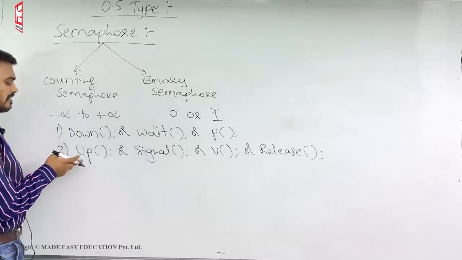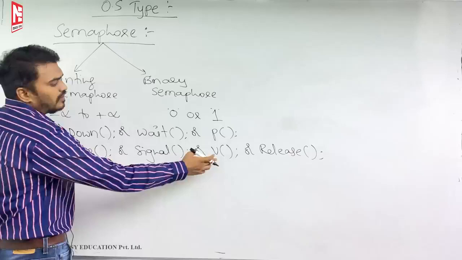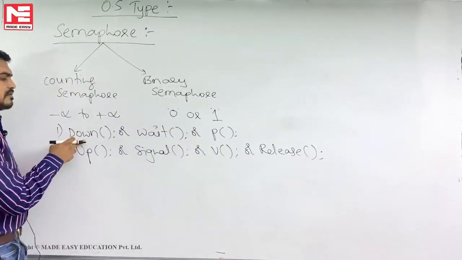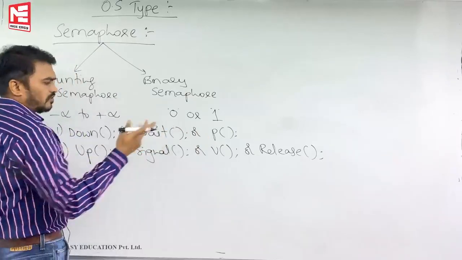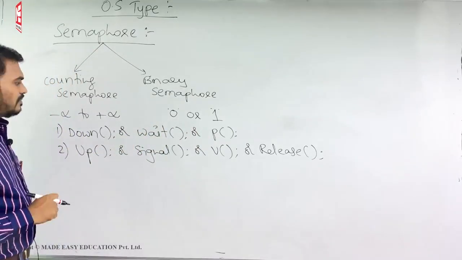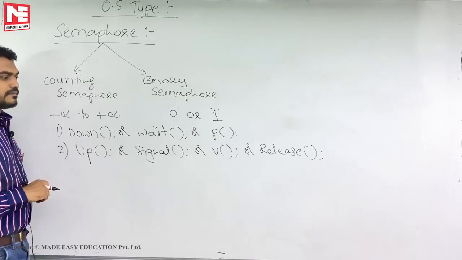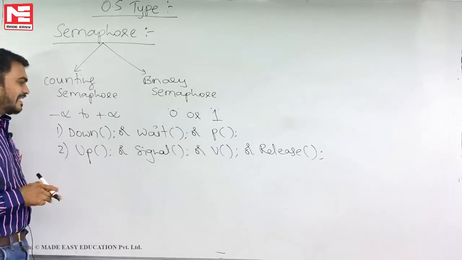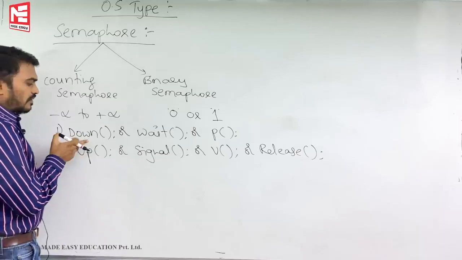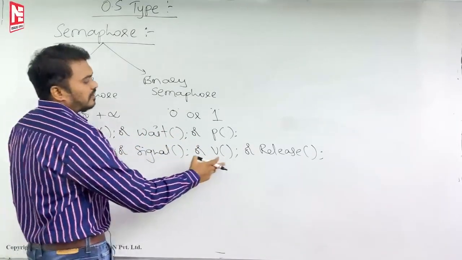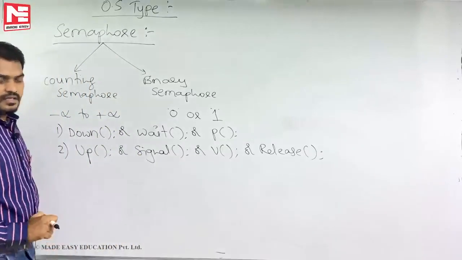Up operation, signal or V, release, all mean the same. Down operation is also called wait or P. In different questions they use a different name, but the meaning is the same. Copy this. So down or wait or P, and up, that is signal or V or release. The meaning of all of them is the same.